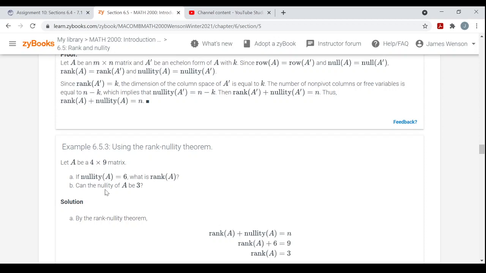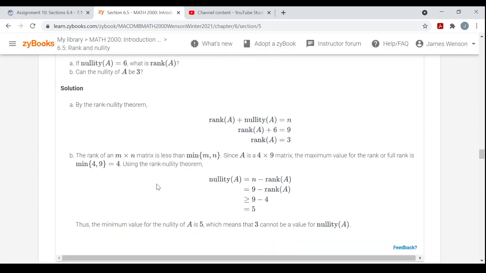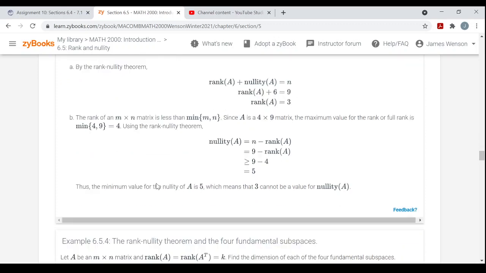Also, if the nullity of A was 3, then the rank would have to be 6. But we just said the rank can't be higher than 4, the smaller of these two numbers. So the nullity cannot be 3. And they explain all that down here. Hopefully that made sense.